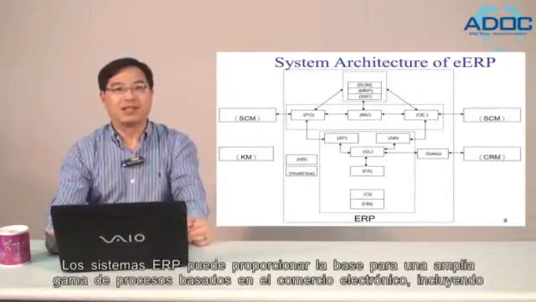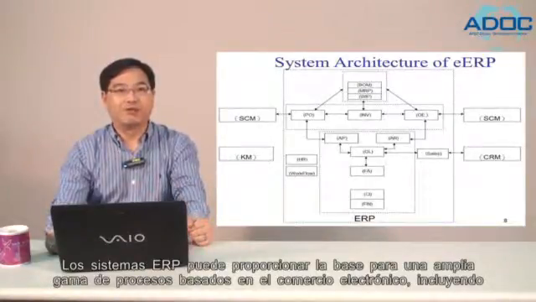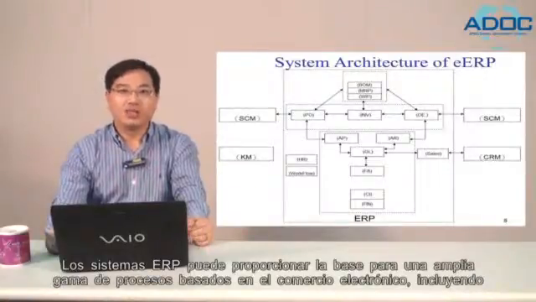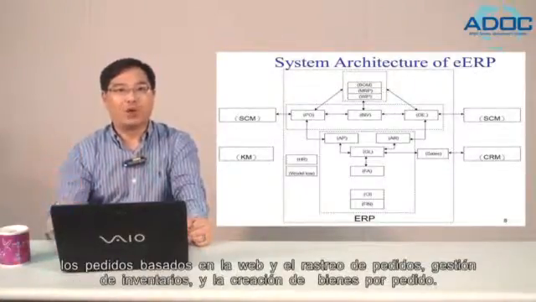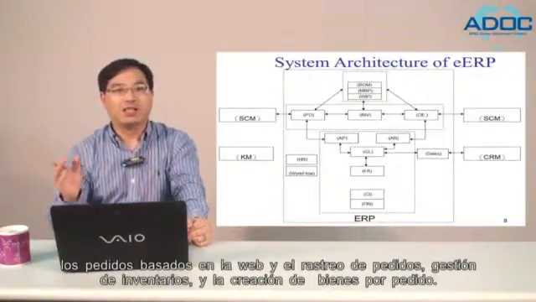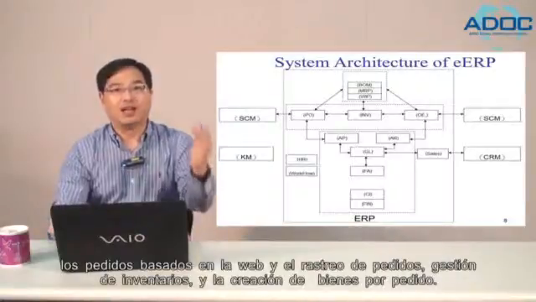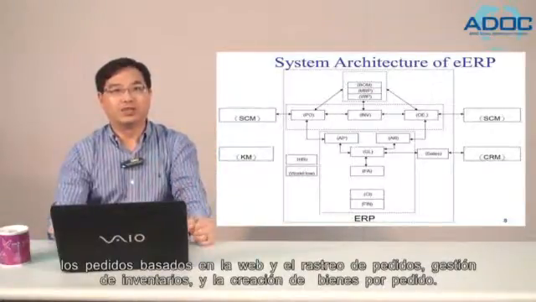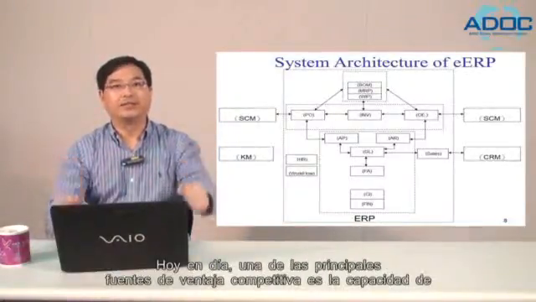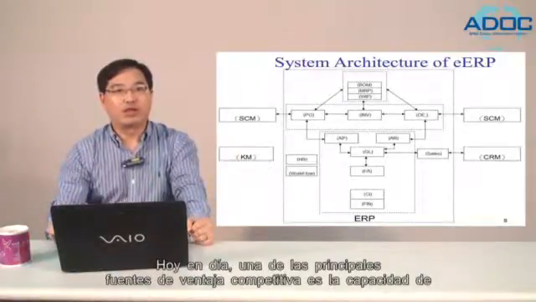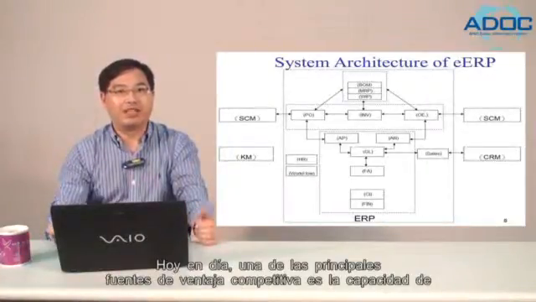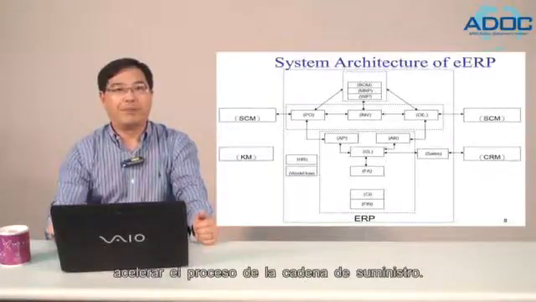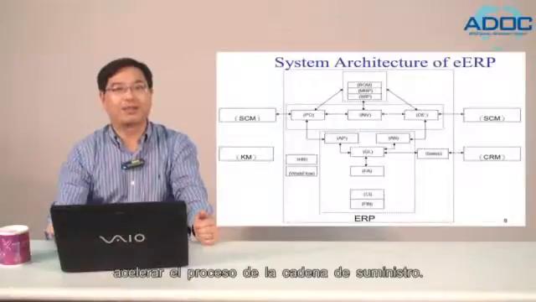An ERP system can provide the foundation for a wide range of e-commerce-based processes, including web-based ordering and order tracking, inventory management, and build-to-order goods. Today, one of the major sources of competitive advantage has been the ability to speed up the supply chain process.